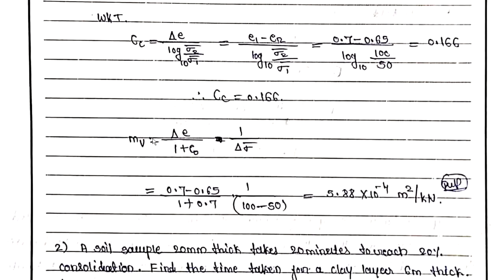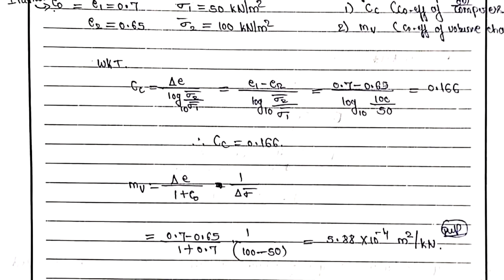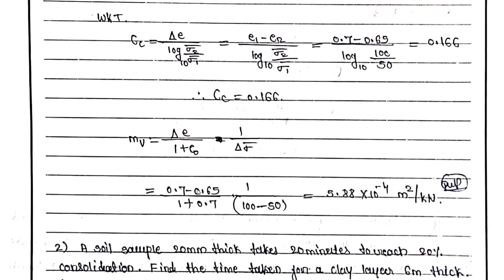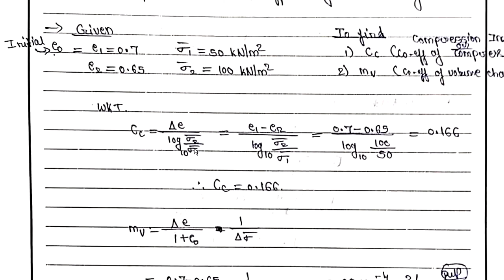Next, mv is equal to delta e divided by 1 plus e naught into 1 divided by delta sigma dash. So delta e is equal to 0.7 minus 0.65, divided by 1 plus 0.7. So 0.7 is the initial void ratio. You have to remember this.